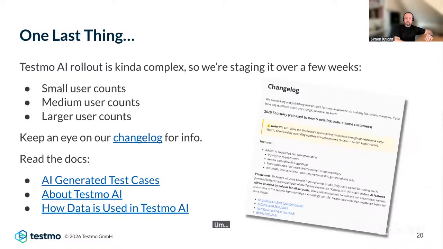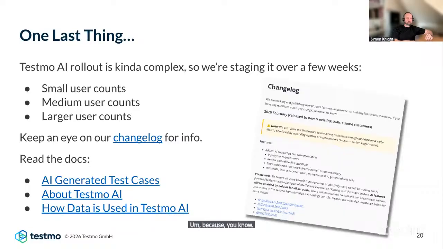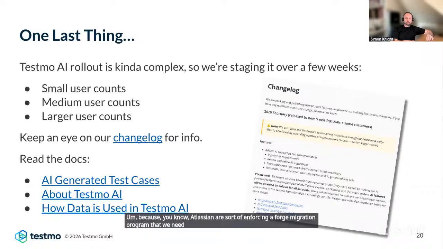Good question. We're currently in the process of implementing a Forge version of our Jira app for Testmo, so we're focusing on delivering that because Atlassian are enforcing a Forge migration program that we need to adhere to somewhat.